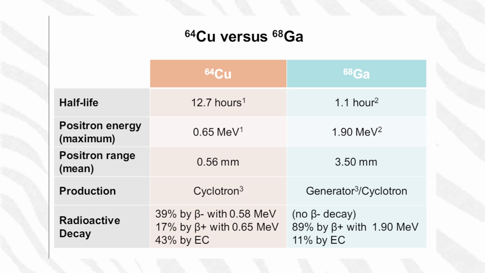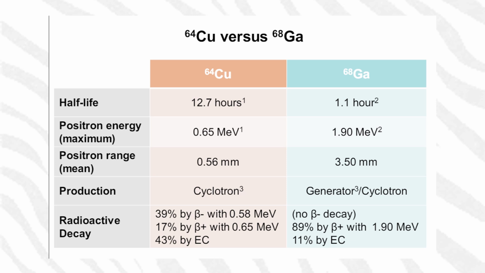The mean positron range is a big deal. The mean positron range for copper is 0.56 millimeters, but for gallium it's 3.5. If you look at those last two bullet points I just mentioned, what's happening there is that the copper has less energy.